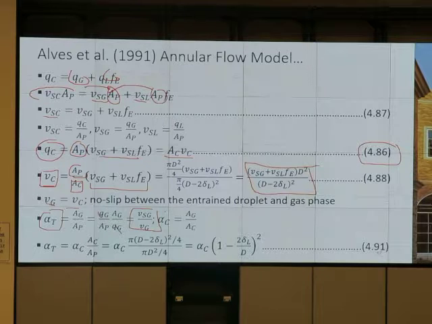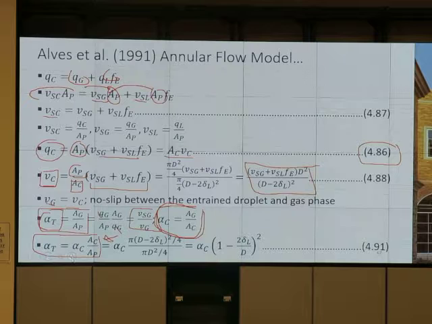Alpha C is the void fraction in the core zone. Okay? The relationship between alpha C and alpha T is therefore this. Okay? So if you use this expression divided by this expression, you get that one.